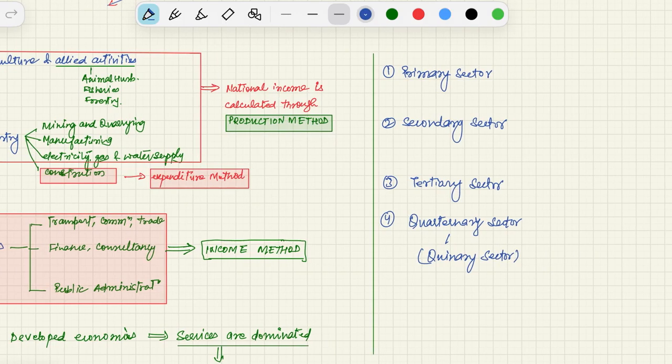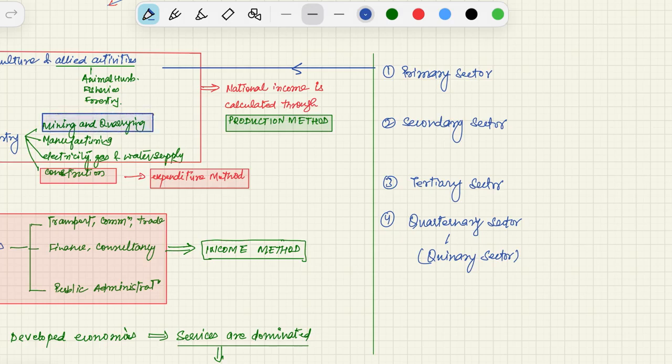So what does the primary sector include? The primary sector includes agricultural activities, the agricultural and allied activities. It includes mining and quarrying as well.